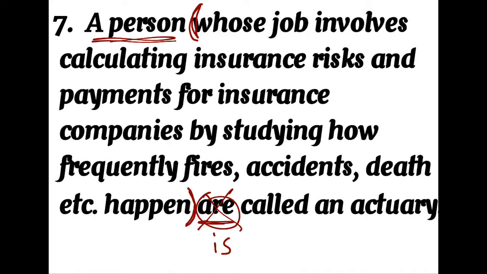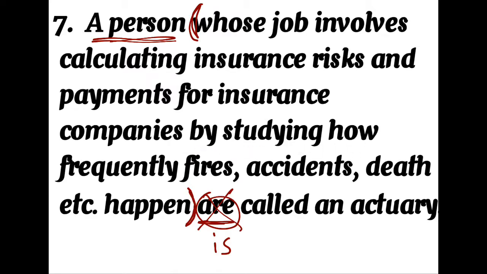Now here you might be wondering that we have crossed two verbs, but we were supposed to cross only one, and we were supposed to put the bracket right before the second one, but we have crossed two verbs. How? Involves, here the first verb that we crossed, and happen, but actually this structure is very complex. How? Whose job involves calculating insurance risks, whose job involves what? One, calculating insurance risks, and what? Payment for insurance companies.